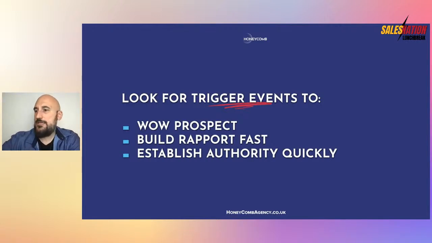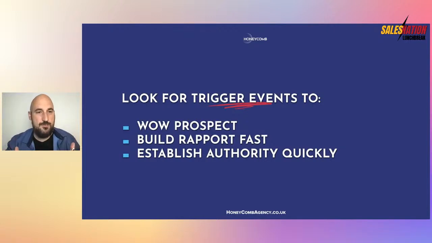The reason why we do that is we want to find triggers and trigger events in order to wow the prospect, to tell them something that will surprise them, to get a response such as, where did you find that piece of information, right? So we want to wow the prospect, but even more importantly, we want to build rapport fast and establish our authority quickly, right?